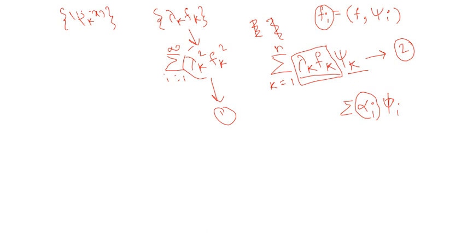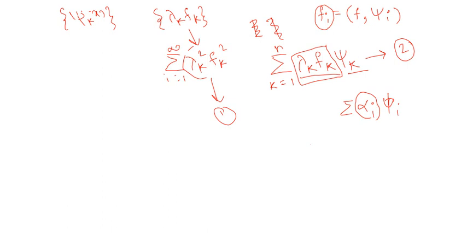Because if this series 1 is not convergent, then this series 2 will also not be a convergent series. In fact, when we talk about convergence of series 2, the statement is that this series 2 will converge if and only if series 1 is convergent.